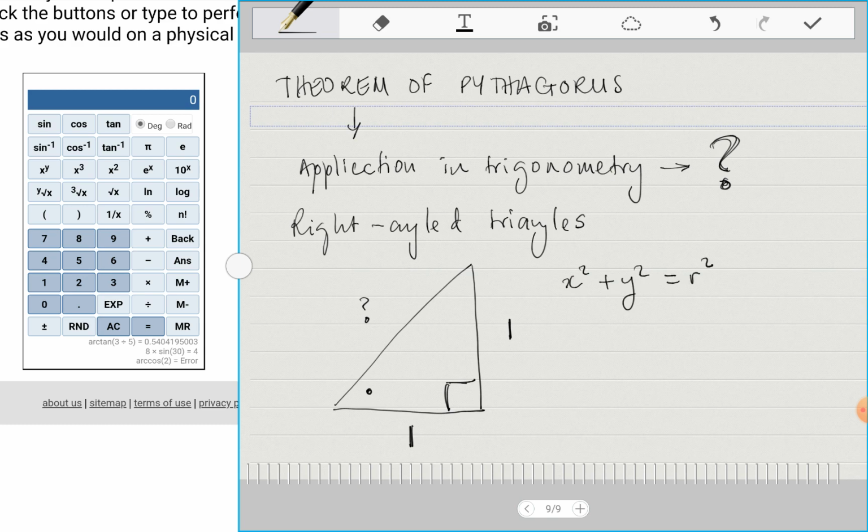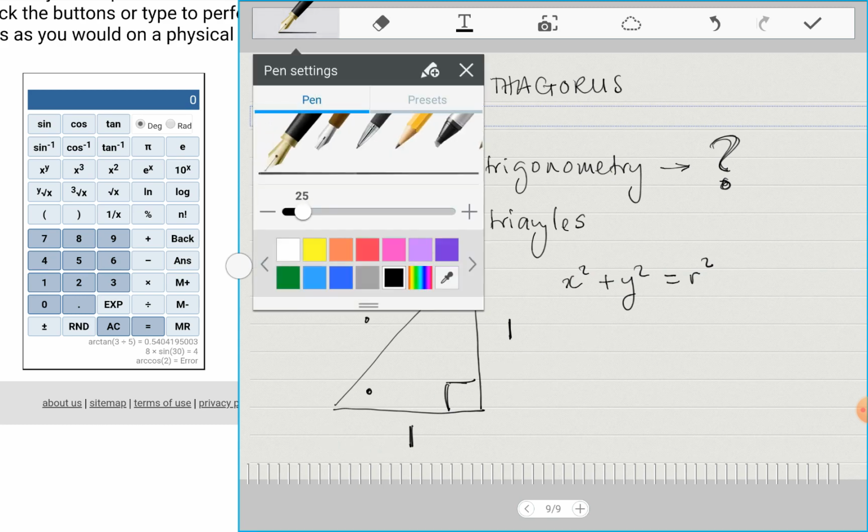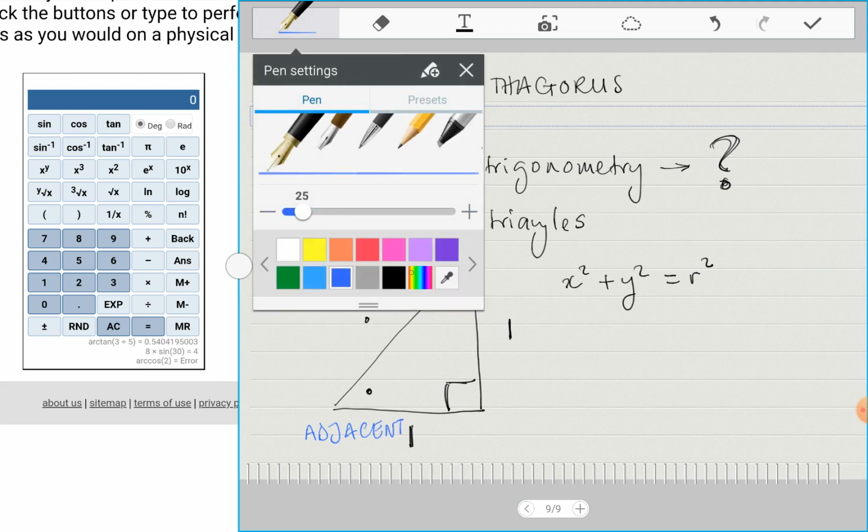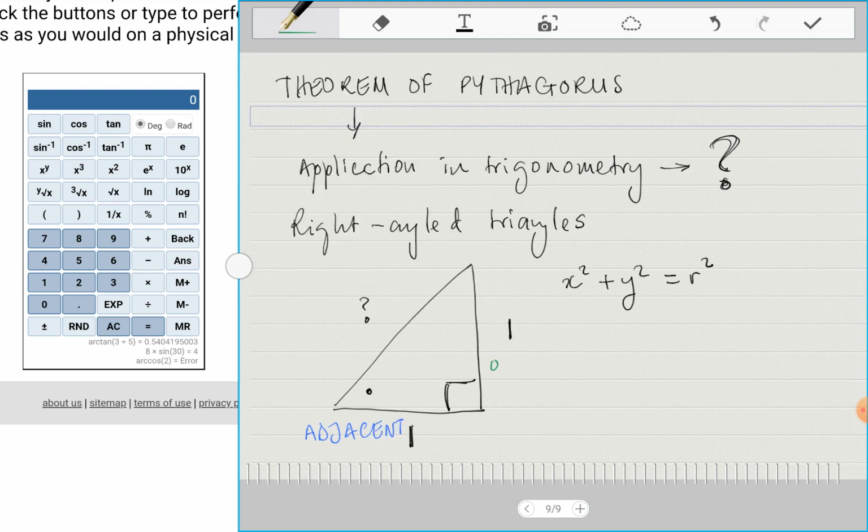Basically, that means the adjacent side. Remember, the color we chose for adjacent was blue, green would be for the opposite, and red would be for your hypotenuse.